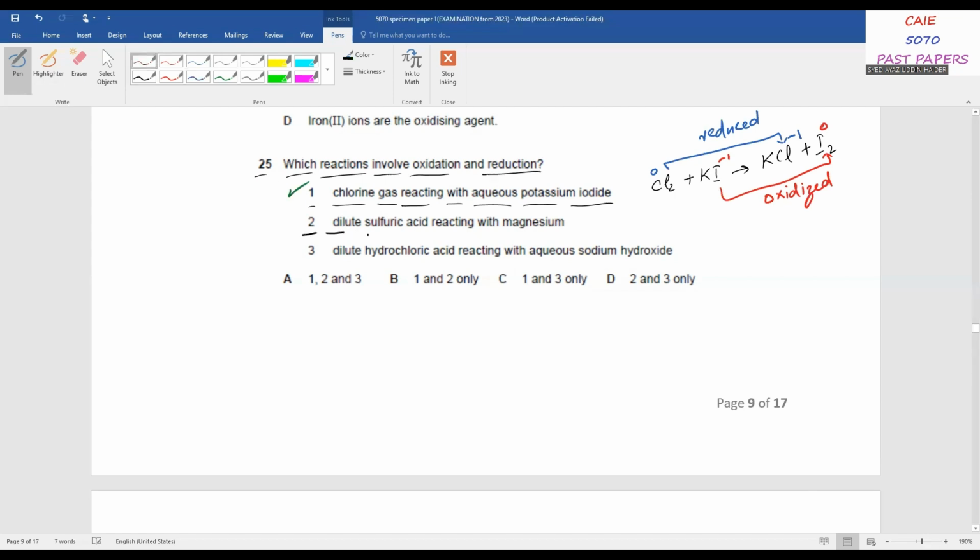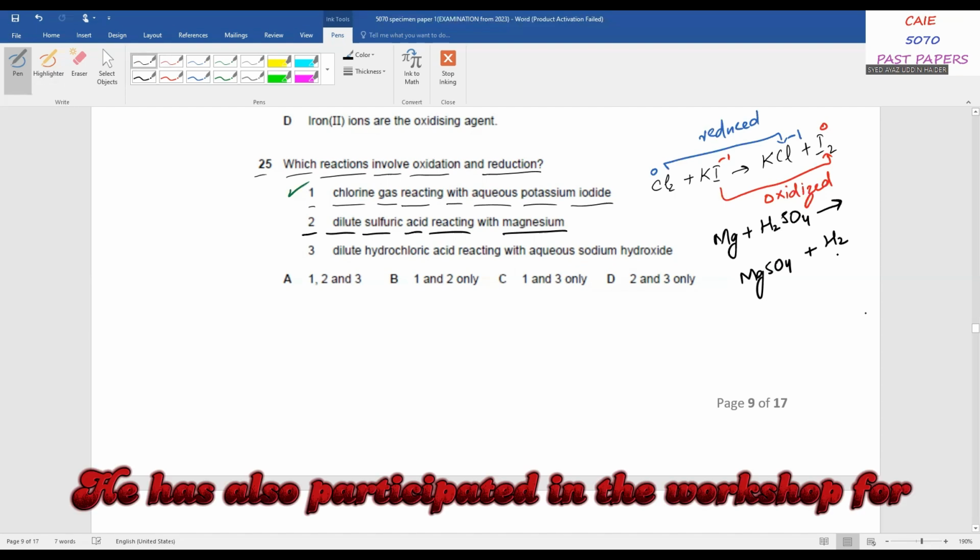Statement number 2. Dilute sulfuric acid reacting with magnesium. Here's the reaction between sulfuric acid and magnesium. Magnesium is one of the reactive metals, so it will definitely react with sulfuric acid producing MgSO4 and H2 gas. During this reaction, the oxidation number of magnesium has changed from 0 to +2, which means it is oxidized.